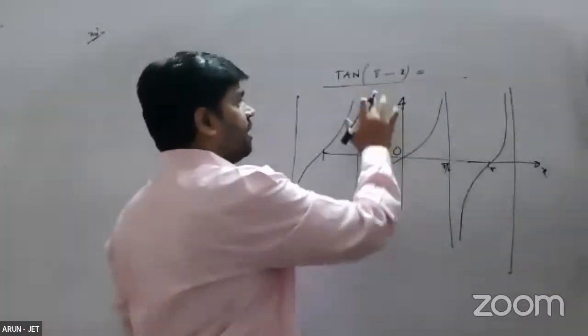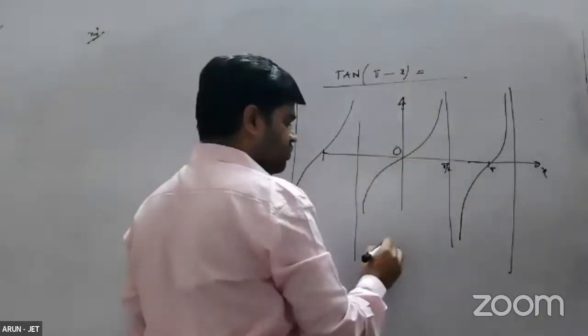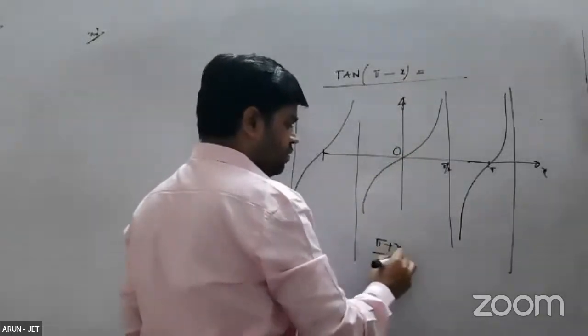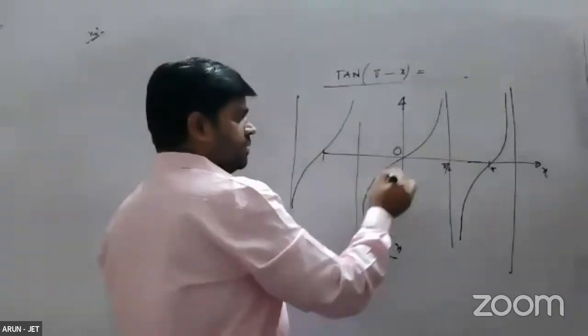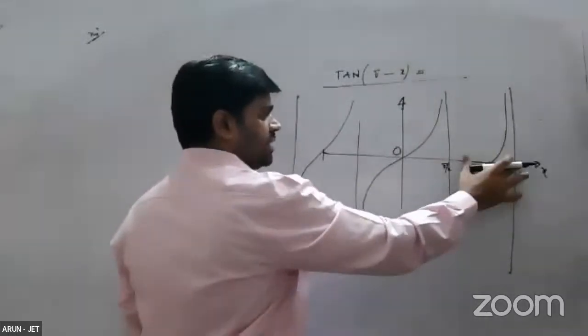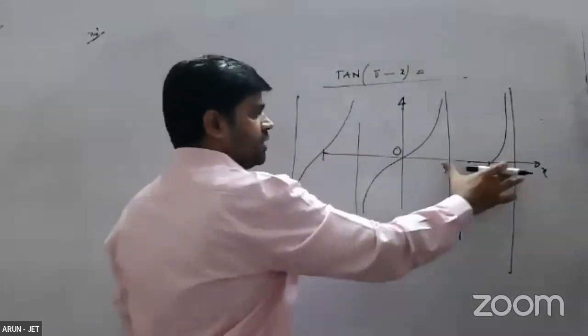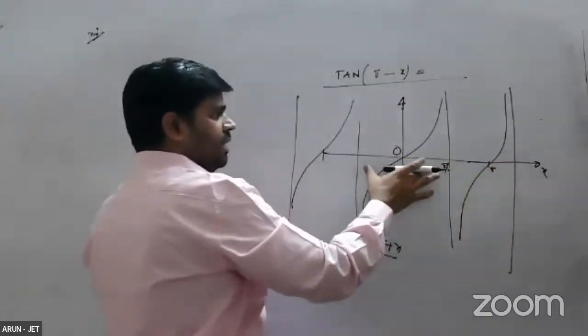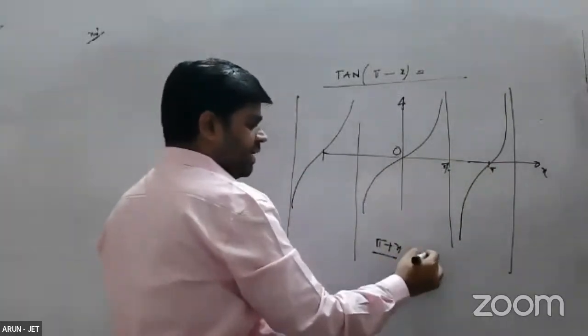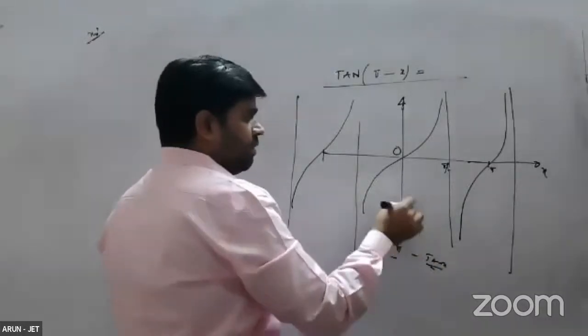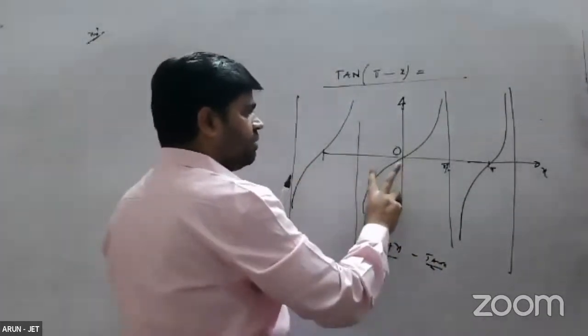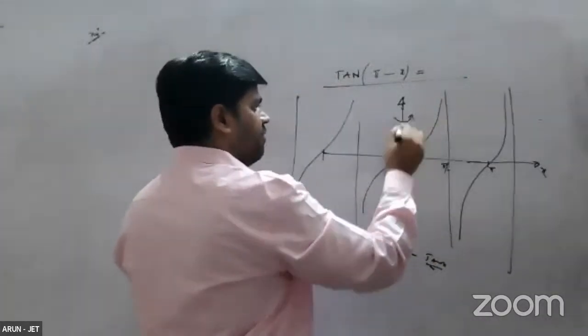Now let's look at this. Pi minus x. I'll first do pi plus x, which is moving it towards the left by pi units. So this part shifts here and becomes the same thing, which is tan x. Now I do minus of x. That means I reflect it with respect to the y-axis. f of minus x.